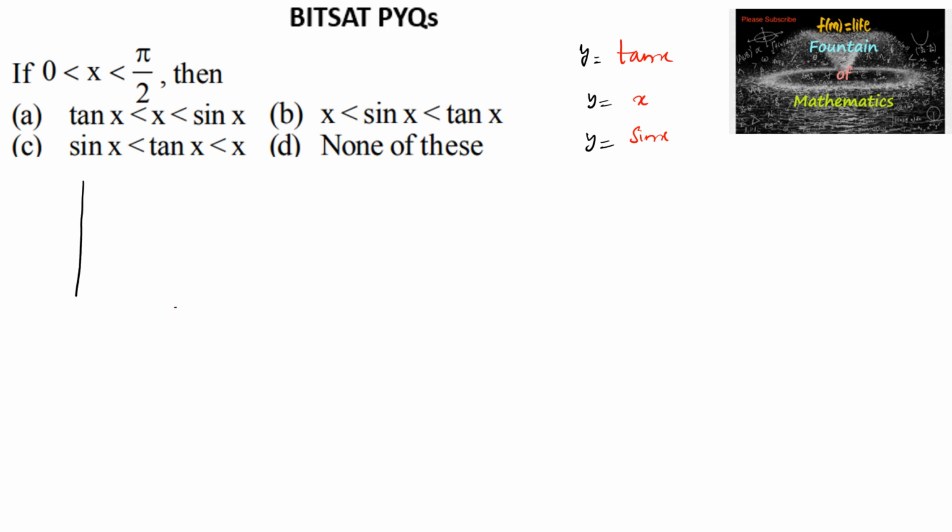Let's take the graph in the interval 0 to pi by 2 on the domain. In the tan x graph we can say tan pi by 4 is 1 and tan pi by 2 is not defined.